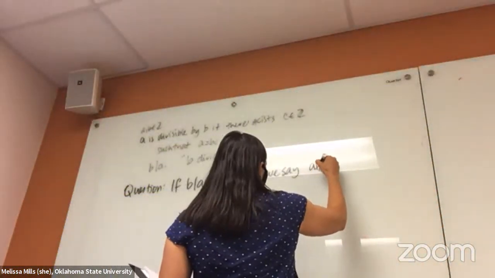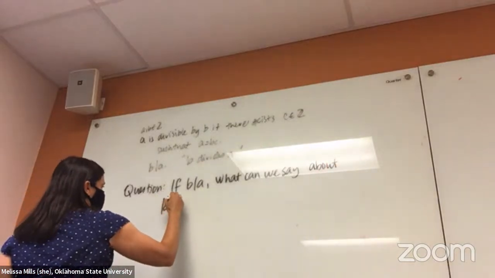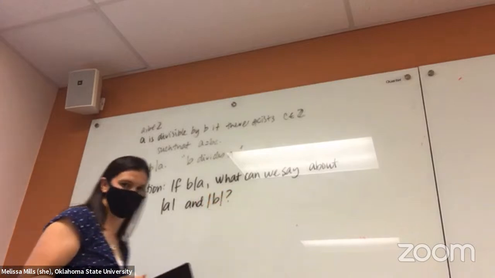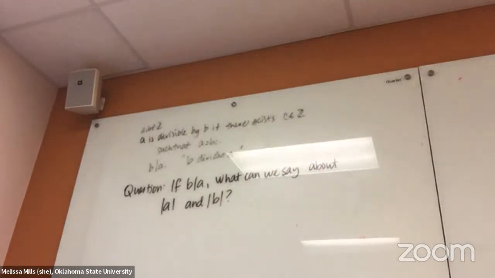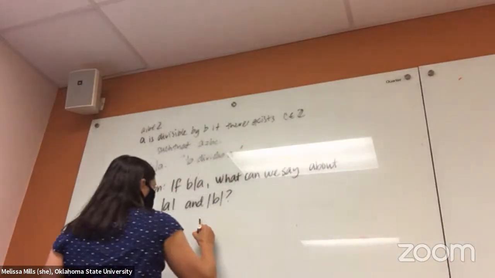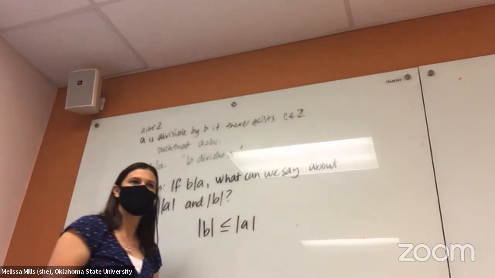What can we say about the relative sizes of A and B? If B divides A, what can we say about those relative sizes? You feel like A is bigger than B, right? So we can say that the absolute value of B is less than or equal to the absolute value of A. And is that true?